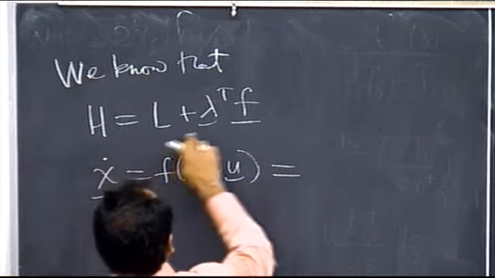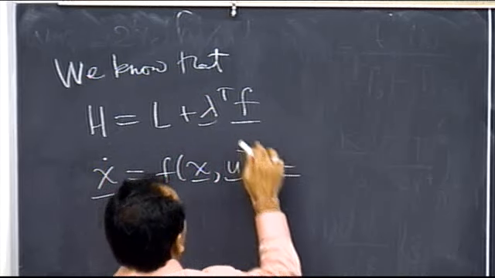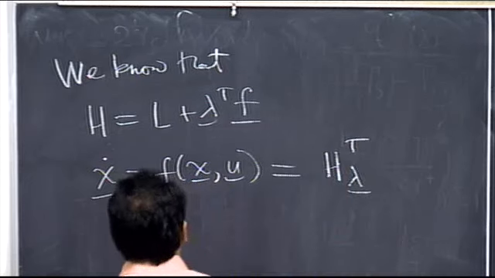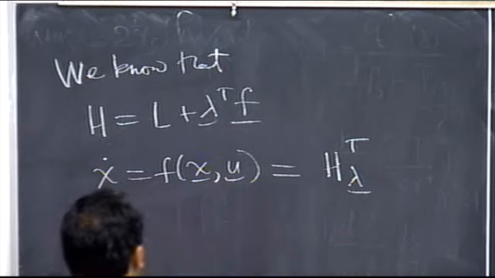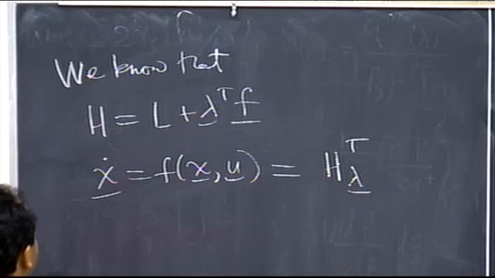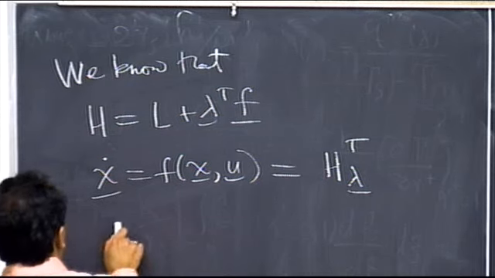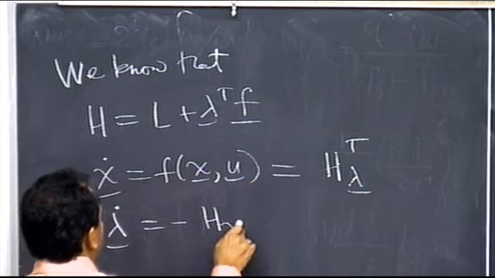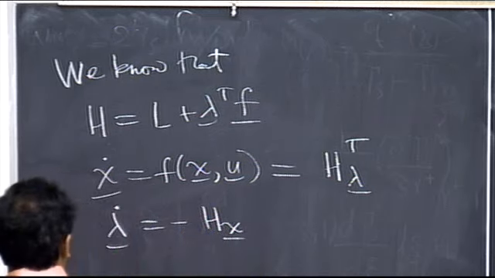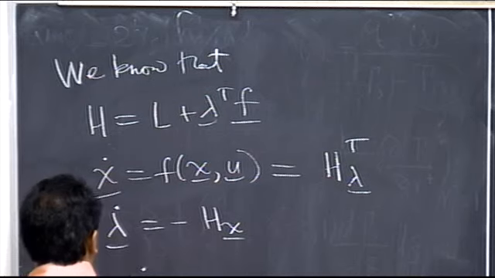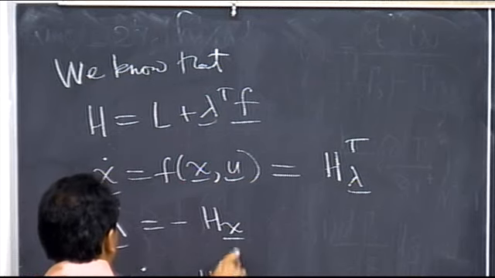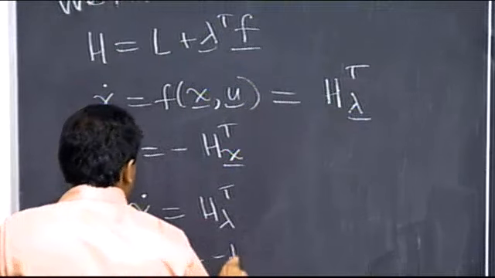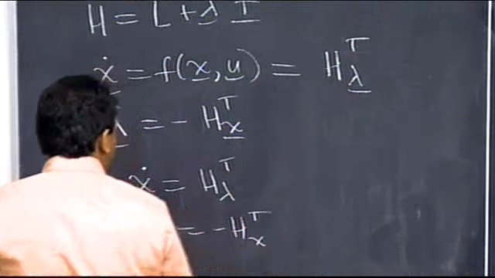If I take the derivative of this with respect to lambda, I wind up getting F. So this is equal to H lambda, with a transpose because of the way the orientation of the vectors aligns. And then lambda dot is defined as minus Hx. So we've got a system of the form x dot equals H lambda transpose, and lambda dot is minus Hx transpose.